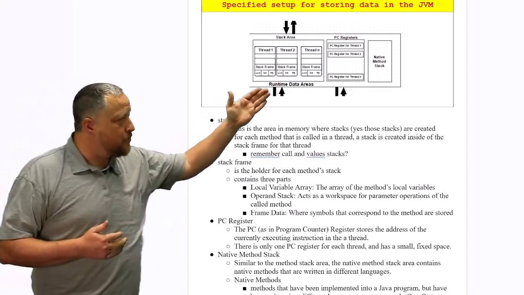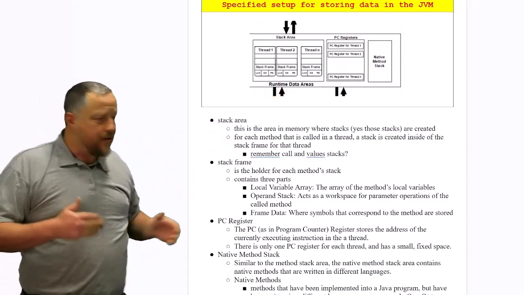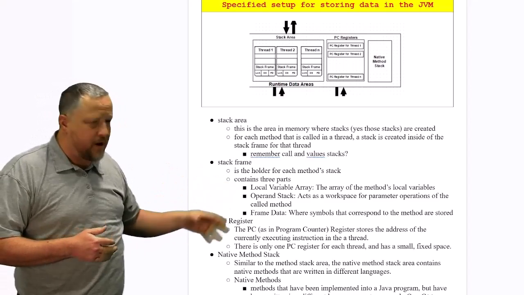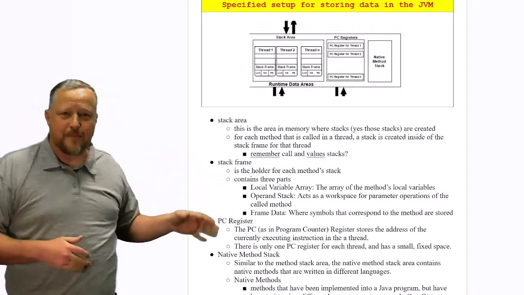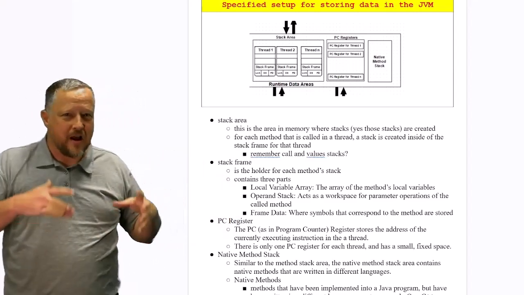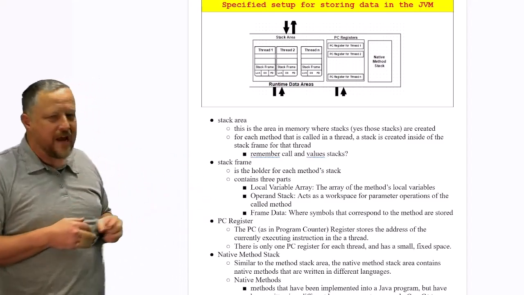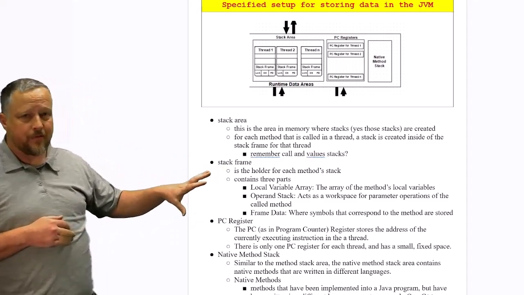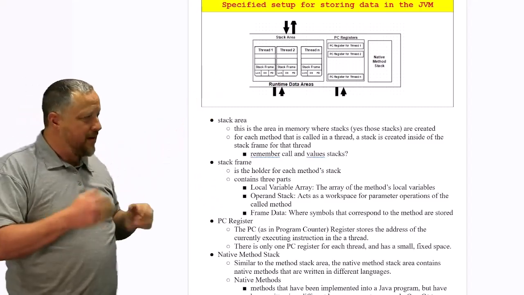That's why you can see multiple threads, and that would mean multiple stack frames that are going to contain local variable arrays. They're going to have our operand stack, frame data stack, where symbols corresponding to the methods were stored. These are all the behind the scenes information when it comes to our stack frame, which could be a whole other topic on its own, that is done within our JVM in that portion.